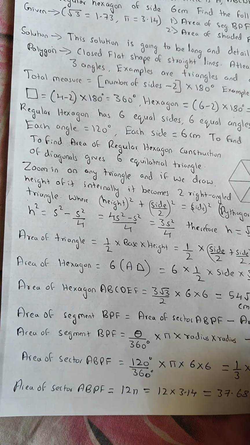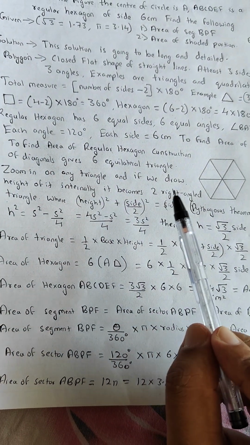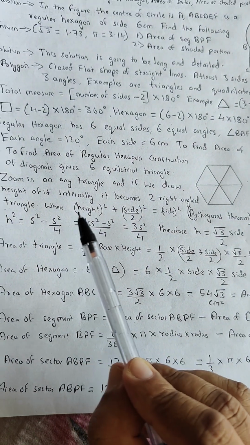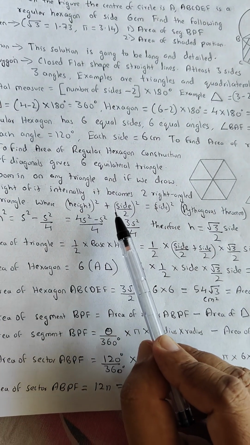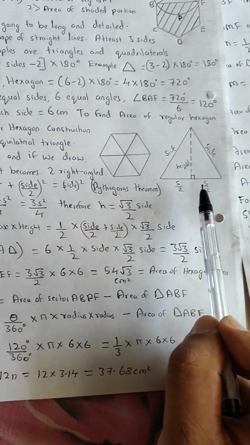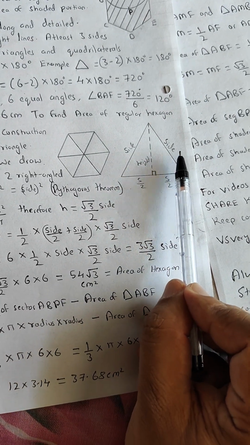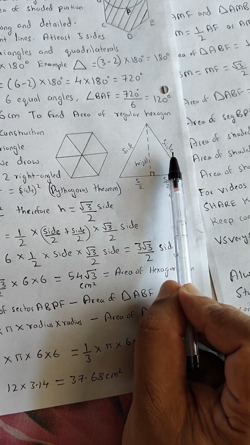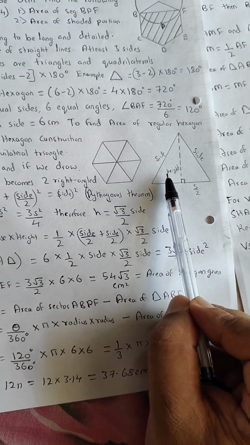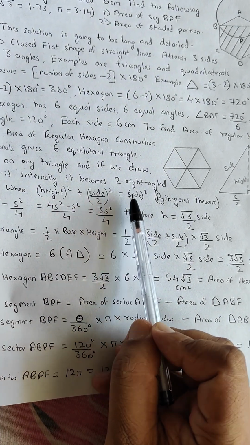Now what I have done is, if we zoom on any of the triangle and if we draw height of it, internally it becomes 2 right angle triangle, where height square plus side upon 2 square equal to side square, that is Pythagoras theorem. You can clearly see this side square plus this side square equal to hypotenuse square. Basics of Pythagoras theorem I have applied, but I am interested in finding height. So what I am going to do is, height square plus side upon 2 square equal to side square.